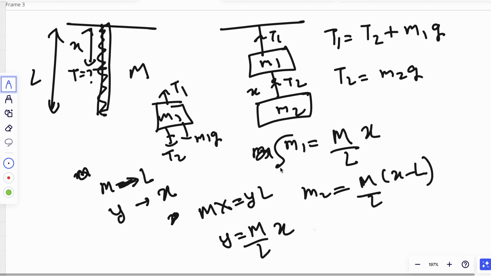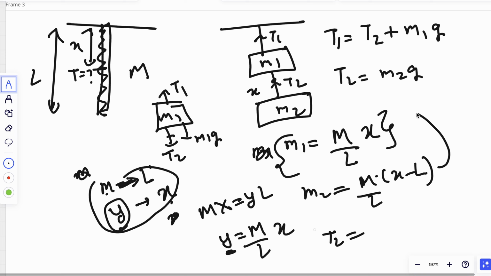That is how I got the m1 formula. Now you are able to understand it: m is the mass of length l, and for a distance x, what is the mass? I do cross multiplication and get this. So what is my T2? T2 is equal to this m2, I substitute here: m by l into (x minus l) into g.